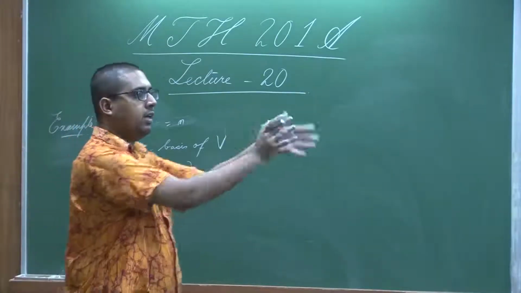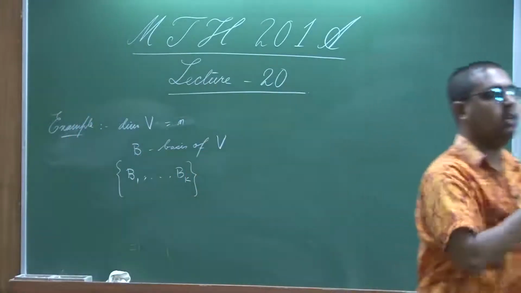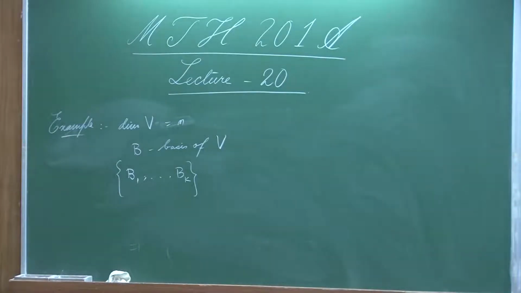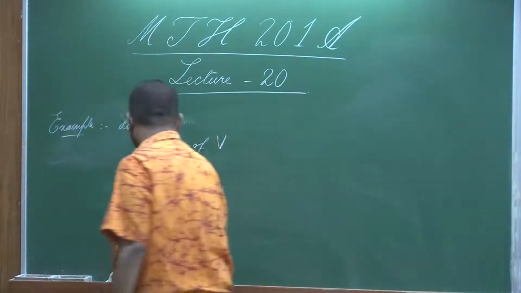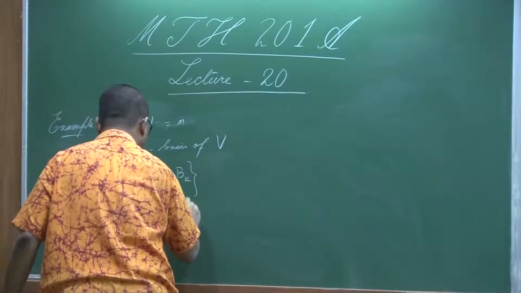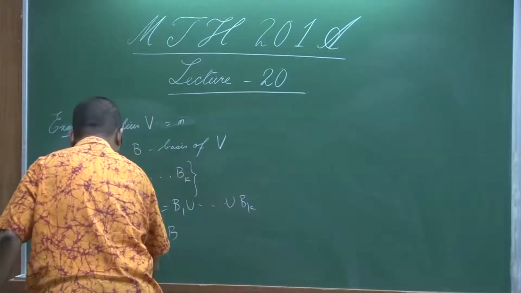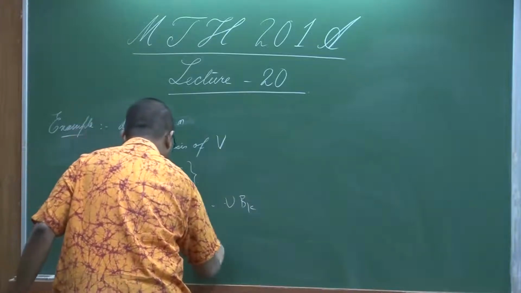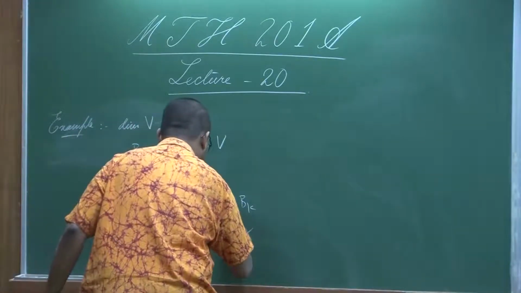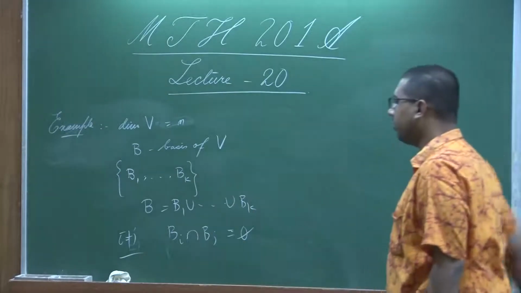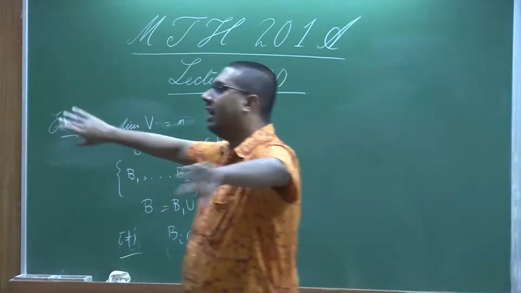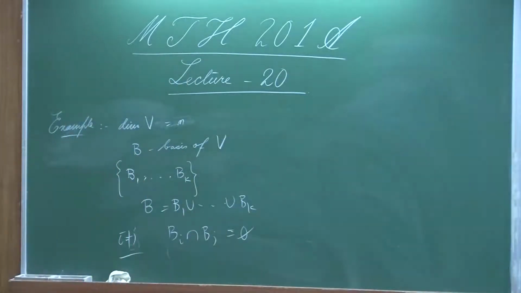So, we take a partition of the basis B into k pieces. What does it mean? B is the union of B1, B2, up to Bk, and if i is not equal to j, Bi intersection Bj is simply empty. So, we start with a basis and then we consider a partition of the basis.